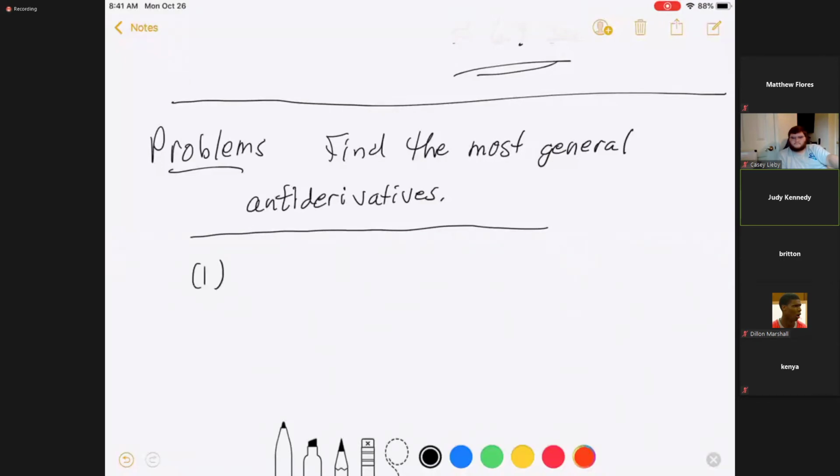Okay, so here's one. Okay, so we want the most general antiderivative.